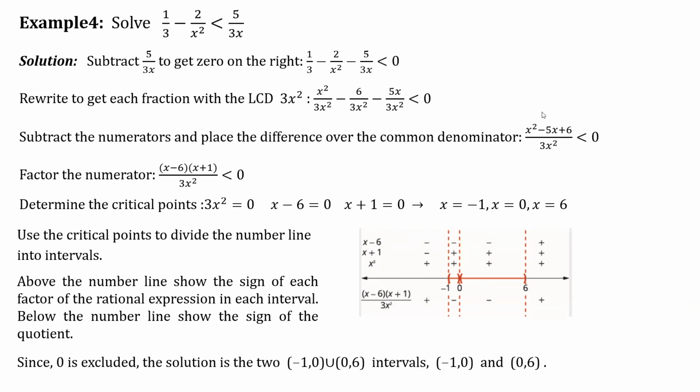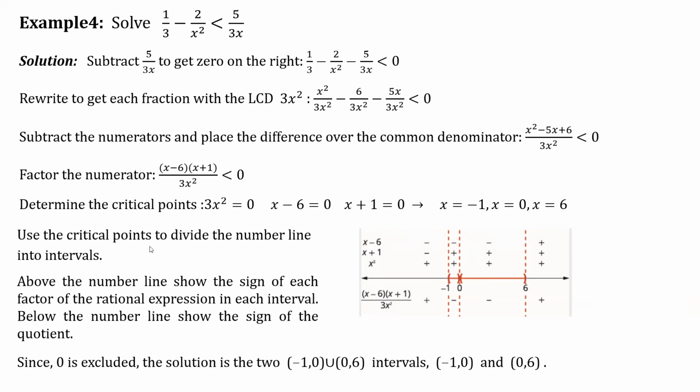So rewrite to get each fraction with the LCD and find the common denominator. Factor the numerator of this inequality. Determine critical points. They are -1, 0, and 6.